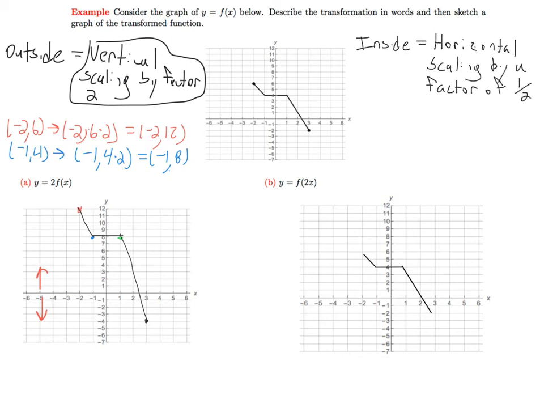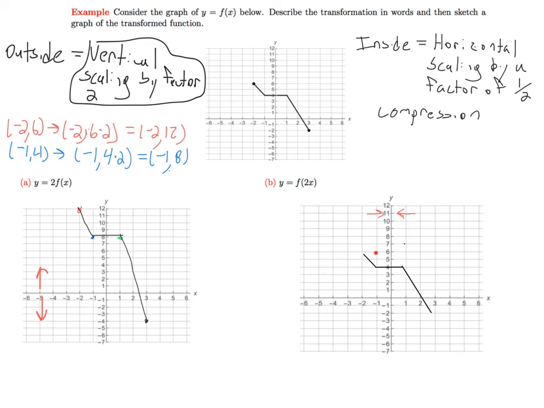So this is actually going to be a compression, meaning that it is going to get squeezed closer to the y-axis. So this is going to be a horizontal compression. Each of these points, for example the point at minus 2, 6, gets moved halfway closer towards the y-axis. So it gets compressed by a factor of 1/2.